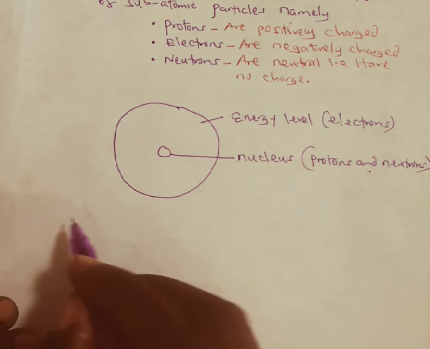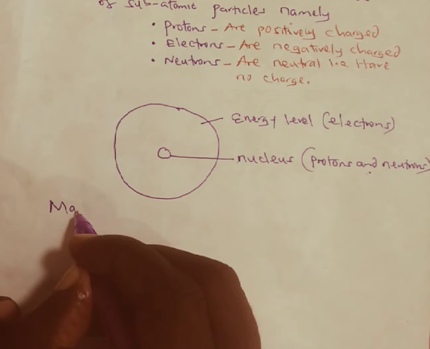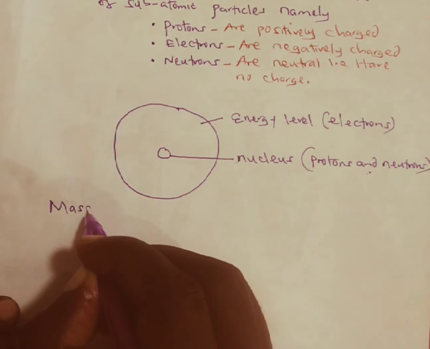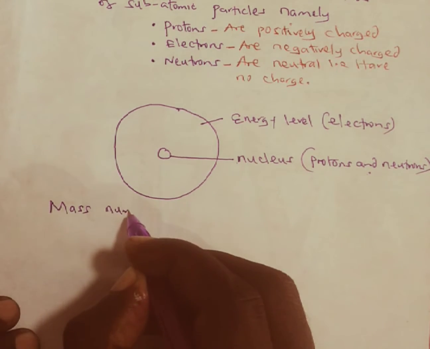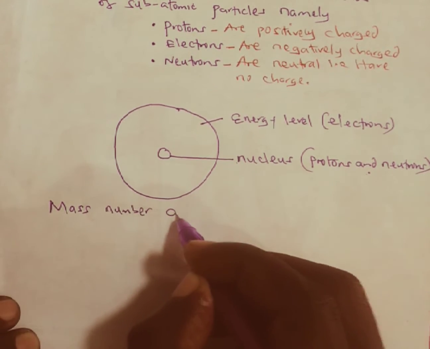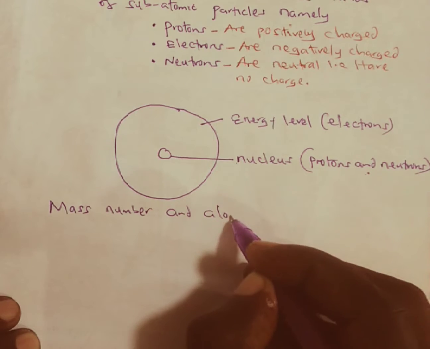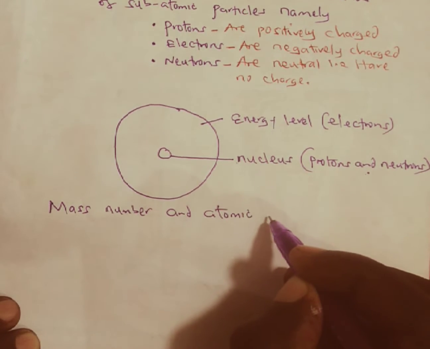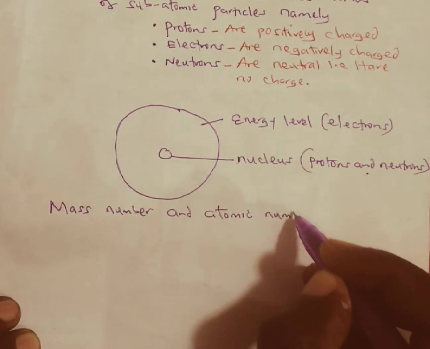So if we move down, we can have what we call mass number and atomic number.